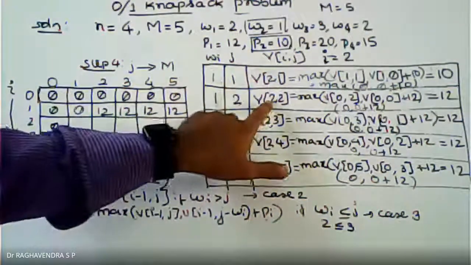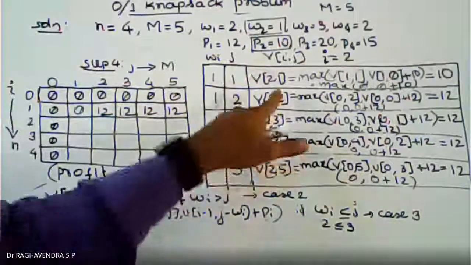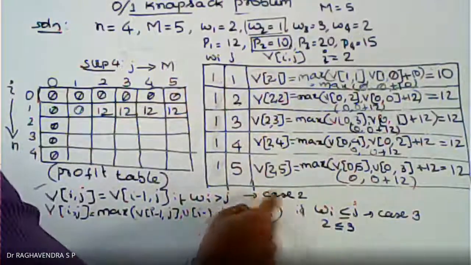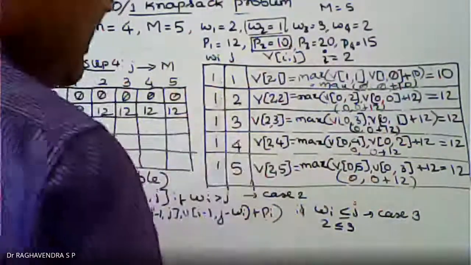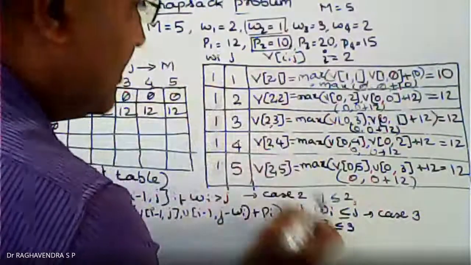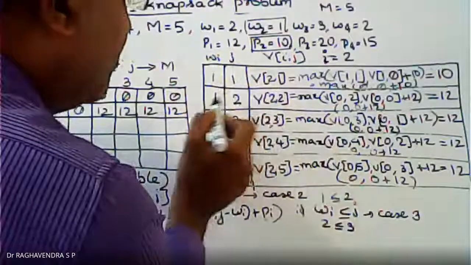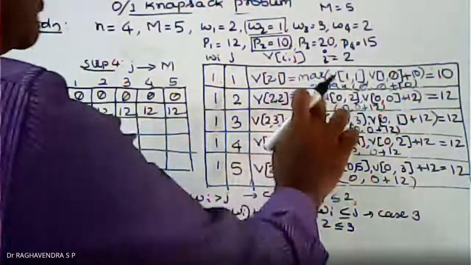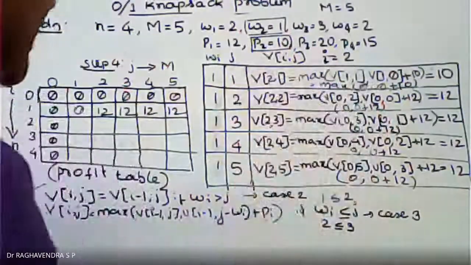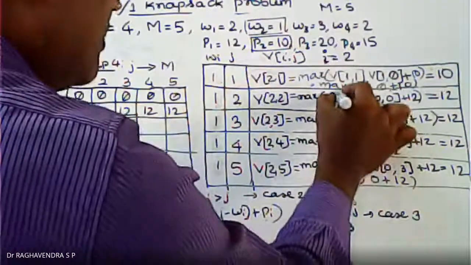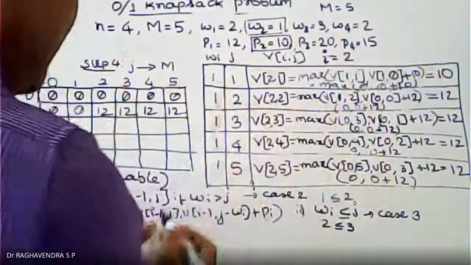Similarly, we have to find out V of 2 comma 2. Once again, it fits which category? This is 1, this is 2. Case 2 or case 3? Case 3, because 1 is less than or equal to 2. Wi is 1, J is 2. So once again this formula has to be placed. It equals max of V of I minus 1, that is I is 2, 2 minus 1 is 1, comma J, J is 2.